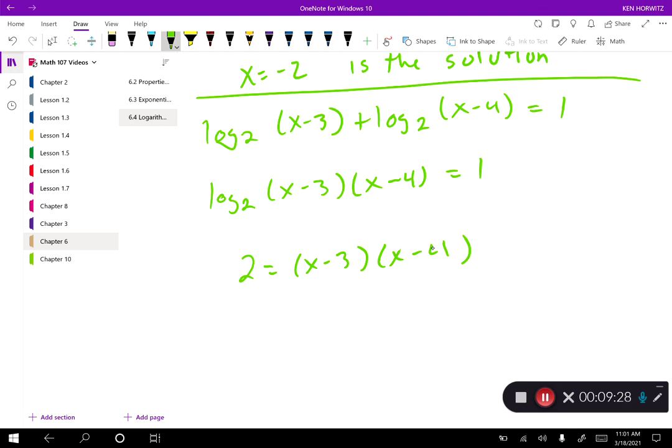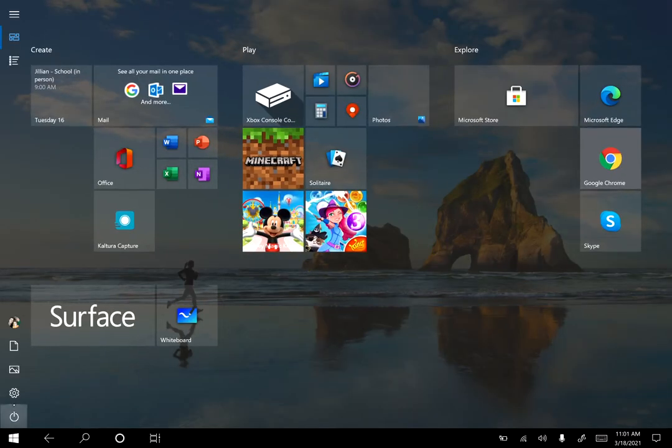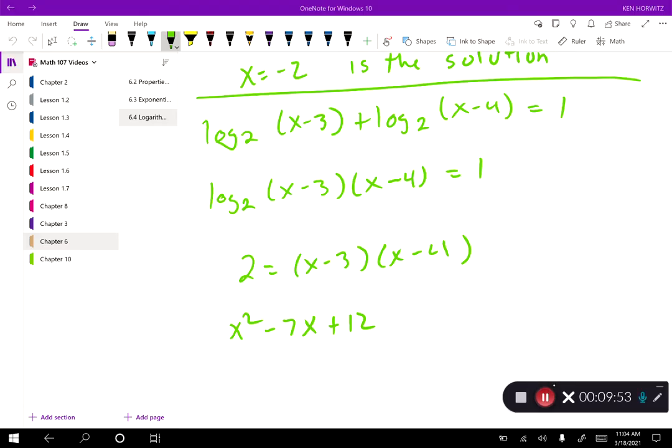And now I'm going to factor it. So I get x squared minus 7x plus 12 equals 2.